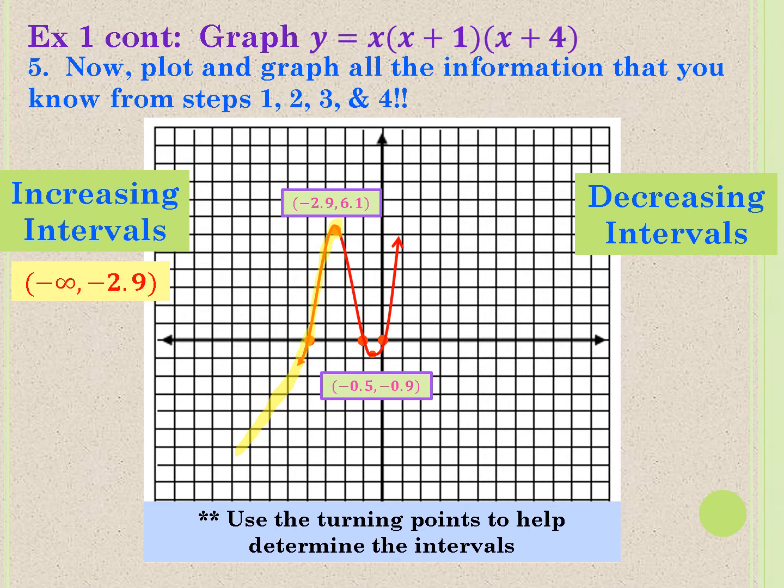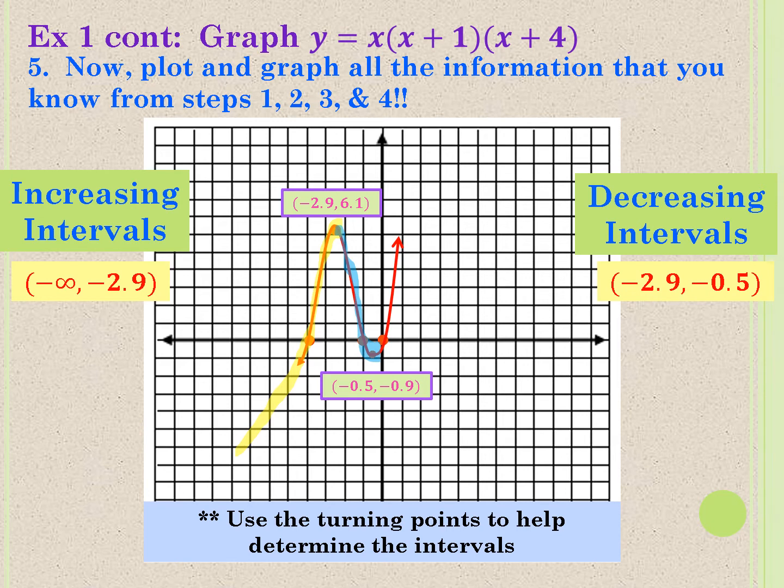Okay, now let's look at what happens. From negative 2.9, my roller coaster is going downhill, and it stops right at negative 0.5. So at negative 2.9, it's decreasing, decreasing, decreasing, and then it stops at negative 0.5. So that's my decreasing interval.